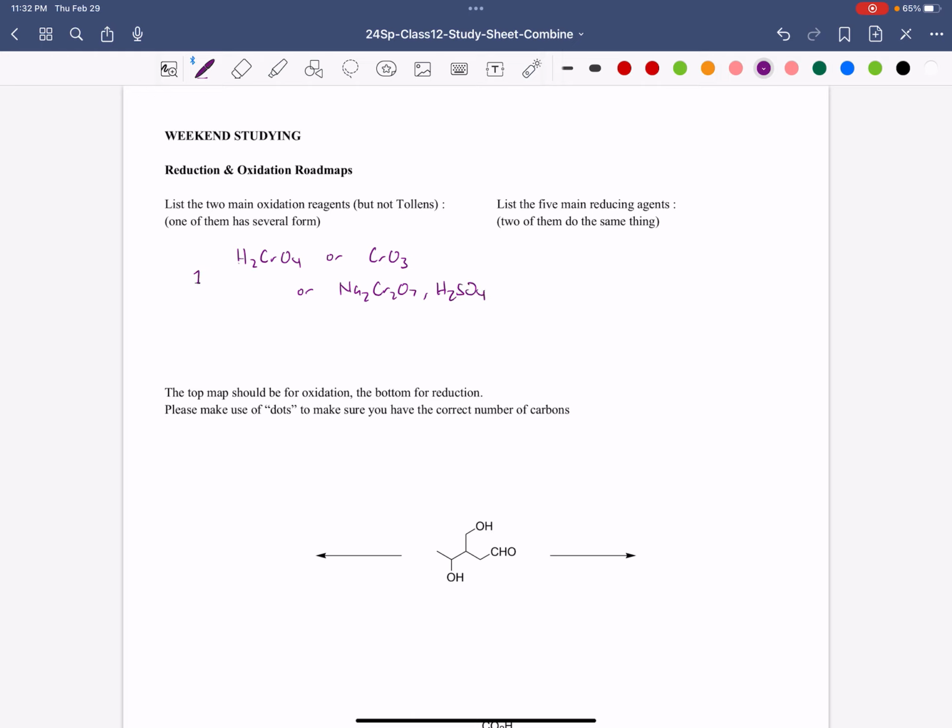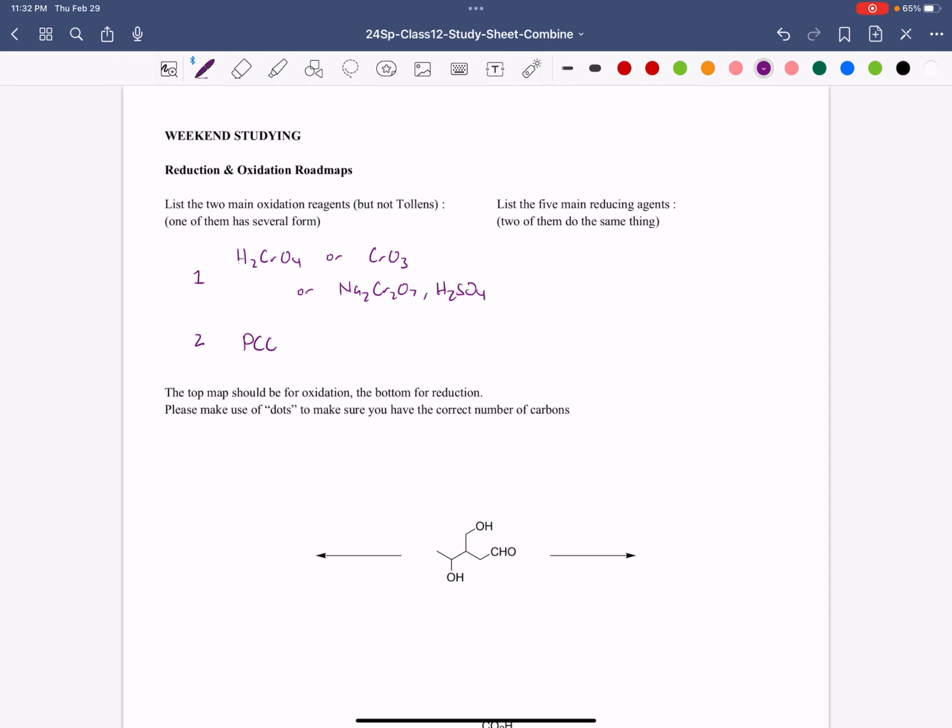So that's number one. Number two is PCC. Okay. For some of you, this is new, but I've hammered this several times in different classes.